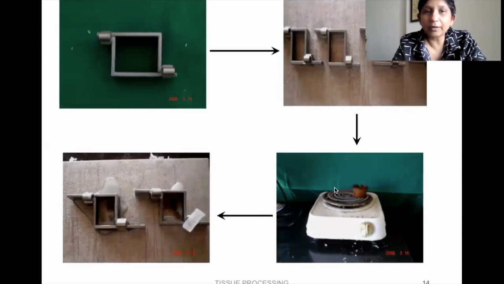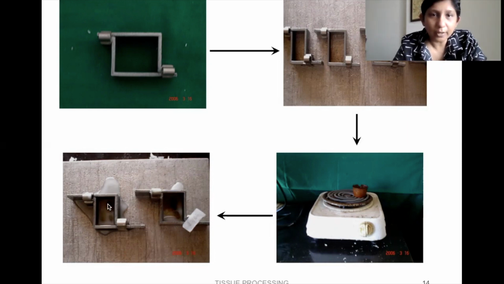Now, this is just to show you how you can arrange the Leukart's L pieces in different sizes and shapes. This can be a larger shape. The same L pieces can be used in smaller sizes as well. This is how you pour the molten wax: you heat the wax on a gas, and after that you pour this wax onto the mold.